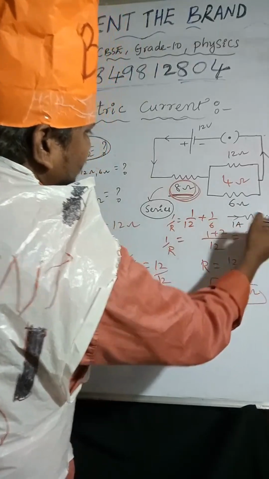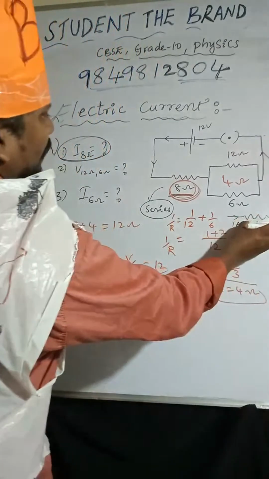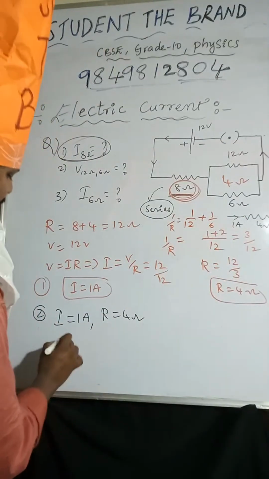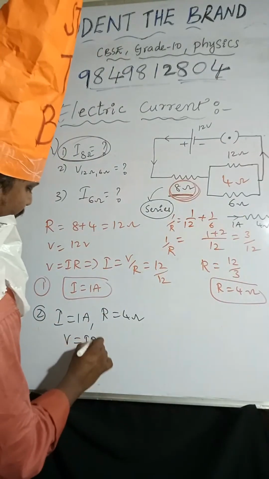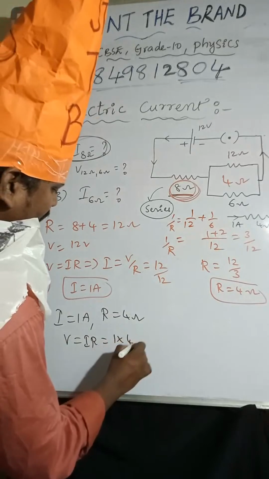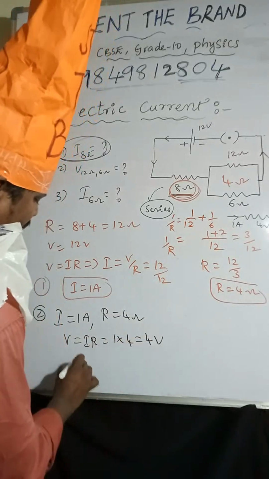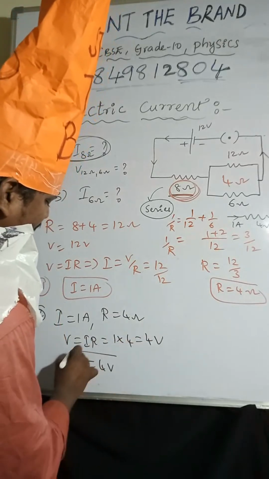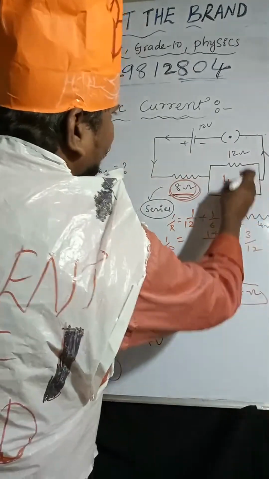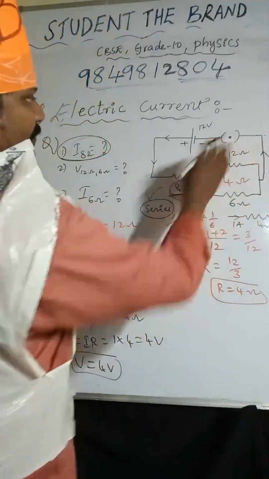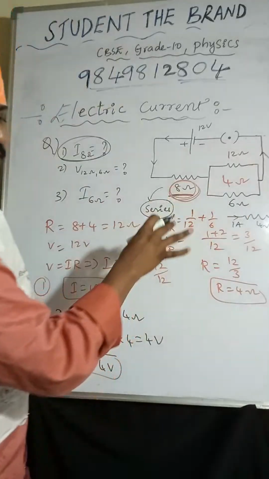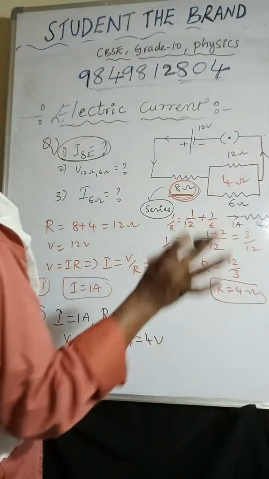We have to find the potential difference across these three. So V equal to IR, which is 1 into 4, that is 4 volts. So V equal to 4 volts means across this 6 ohm and 12 ohm, the potential difference is 4 volts.